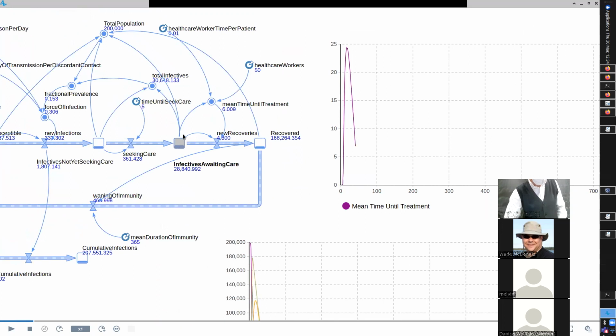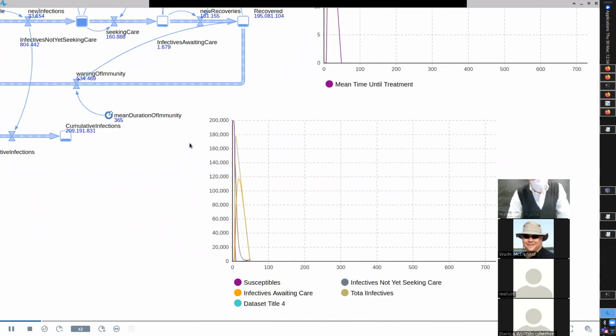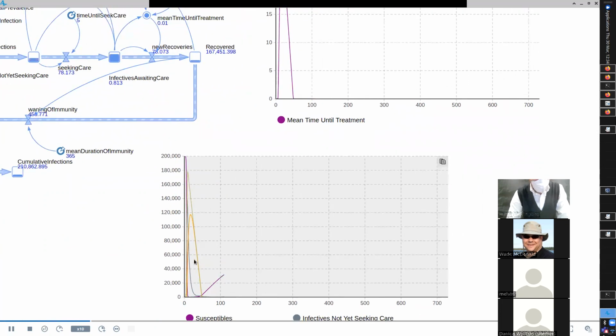And until they're treated, until they recover, they're going to be contributing to this total infectives and the fractional prevalence and spreading it, right? So here we have an infection that is spreading to considerable levels, partly driven by the waiting time.